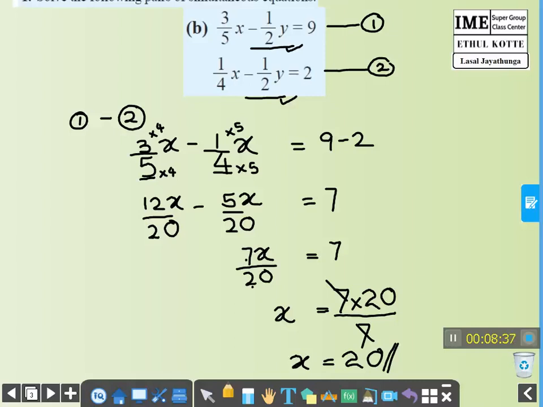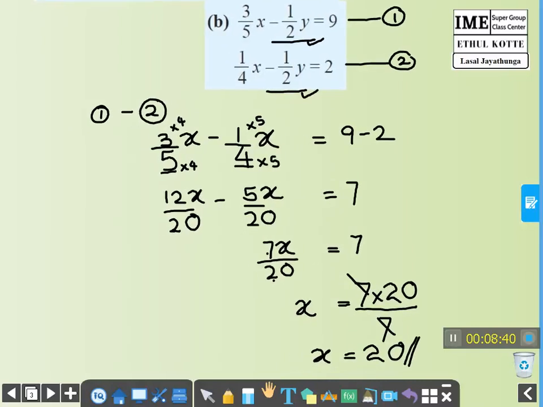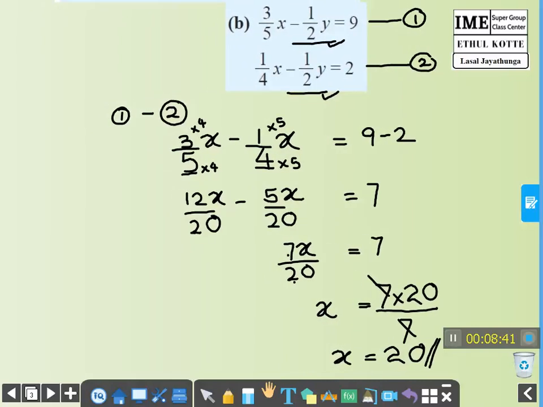Now we'll use the substitution technique to obtain the value of y. Shall we use the second equation for the substitution? Second one.